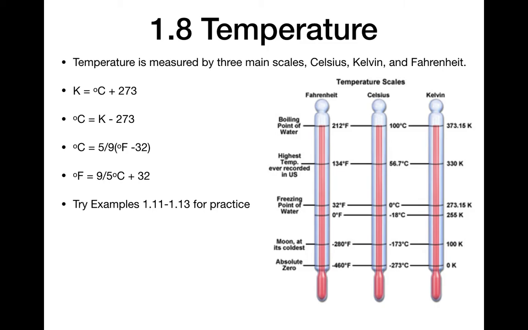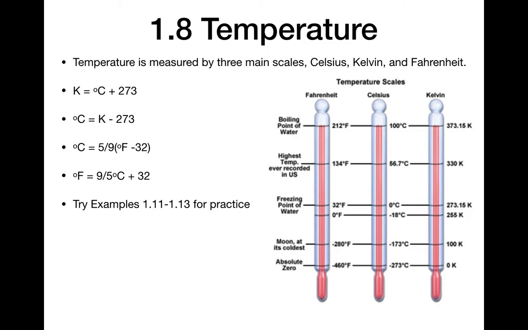Fahrenheit takes the freezing point of water to be 32, so it also has a different 0 point than Celsius. And it takes the boiling point of water to be 212, whereas on the Celsius scale it's 100. If you take 212 minus 32, that's actually 180. If you take 100 minus 0, that's 100, and so 180 over 100 is 1.8. 1.8 in fractional form is 9/5.